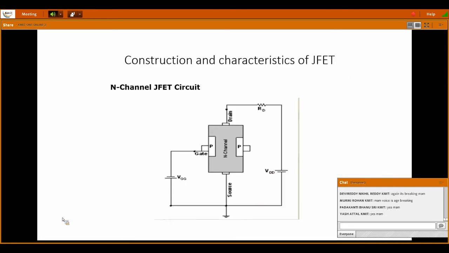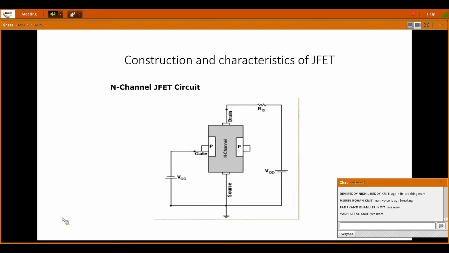Okay, so first we will study the basic operation of an N-channel JFET circuit. When you give the proper power supplies to an N-channel JFET, it looks something like this, which you can see on the screen.